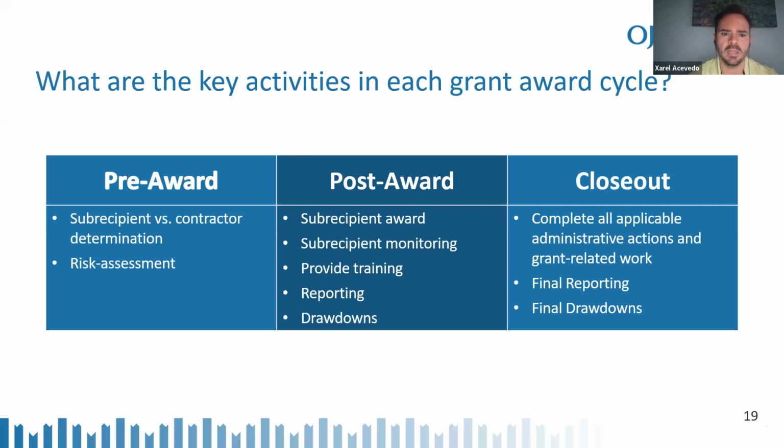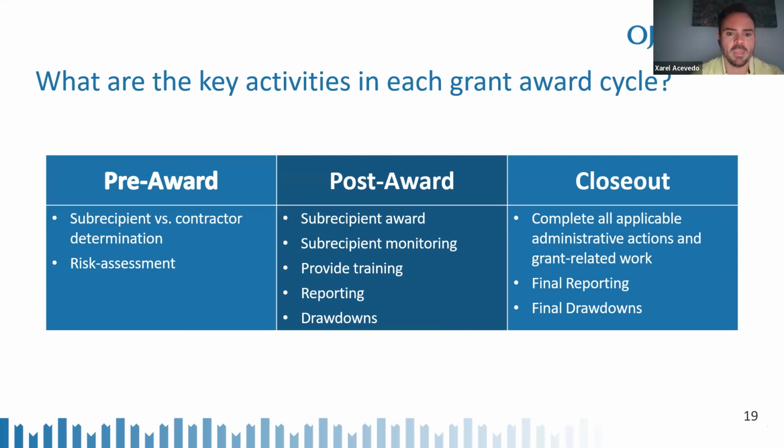And then the last two parts are reporting and drawdowns. When we say reporting, we're talking about both financial and programmatic reports. Like we said, ask for them in a timely manner. Give yourself a buffer so that you can correct any mistakes that they may have, and ask for any information that they could be missing.